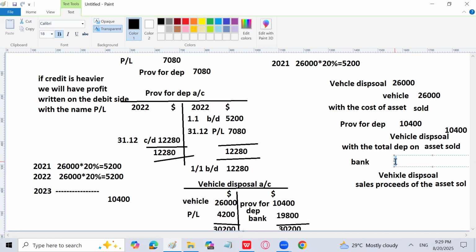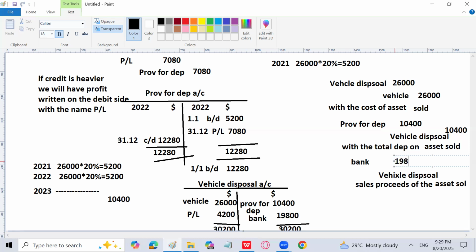Normally in the question, bank proceeds are normally given in the question, and we have to find the profit and loss on the disposal of the asset. If credit side is heavier, the difference will be written on the debit side with the name profit and loss account. If debit side is heavier, the difference will be written on the credit side with the name profit and loss account. But here we can see that the bank figure was the missing figure. So we have already calculated that by taking the difference of the disposal account, that is 19,800.